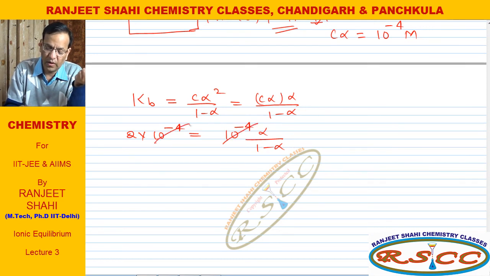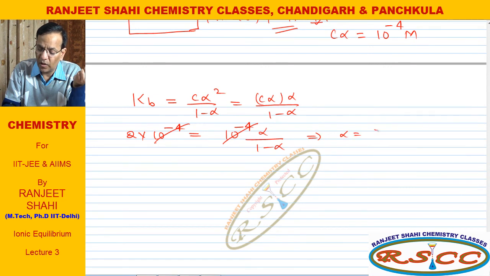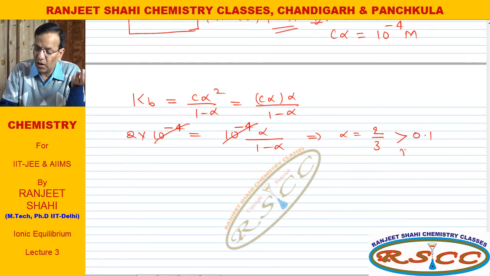So it will cancel off, giving alpha is equal to 2 by 3. Alpha is 2 by 3, so it is 0.67, much greater than 0.1. It is not negligible.